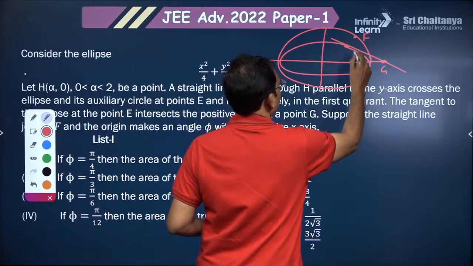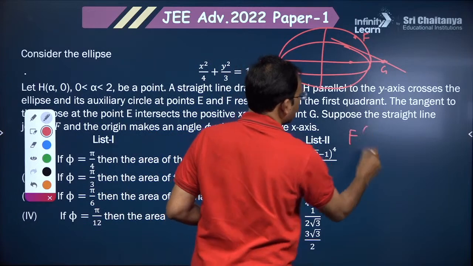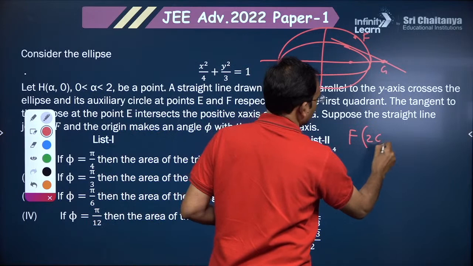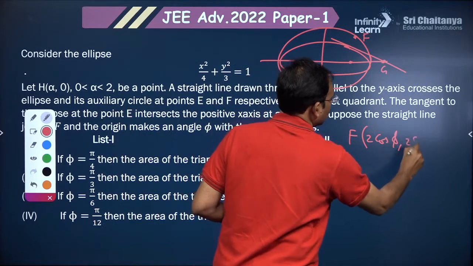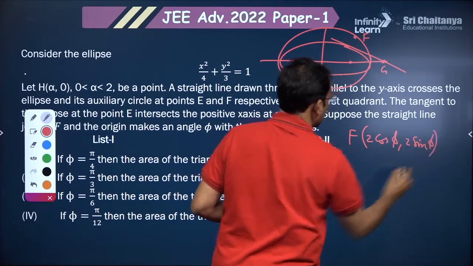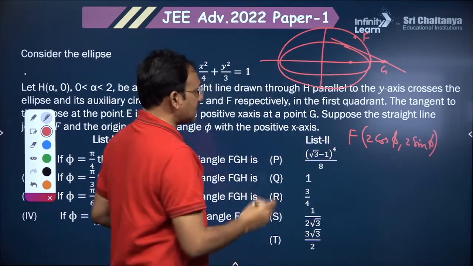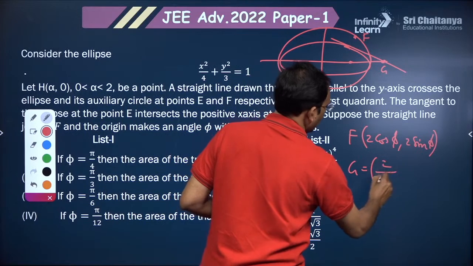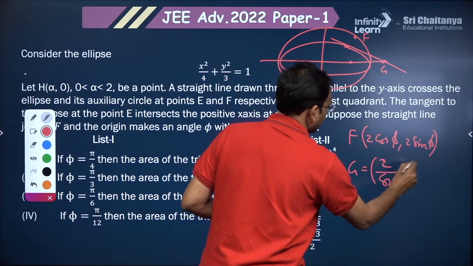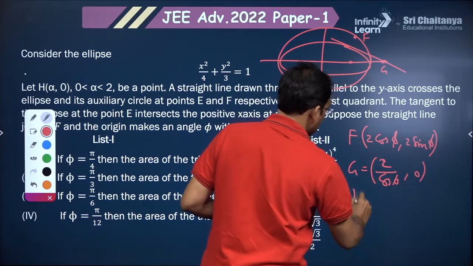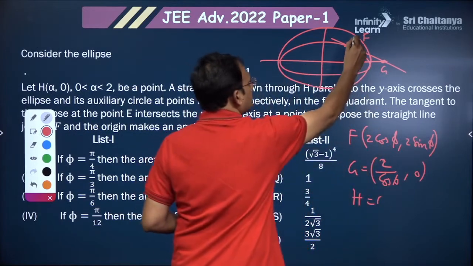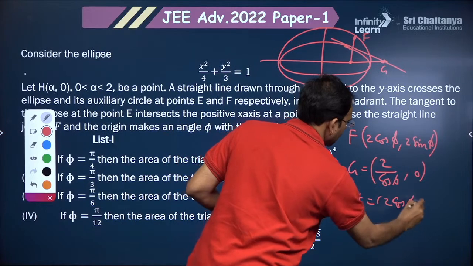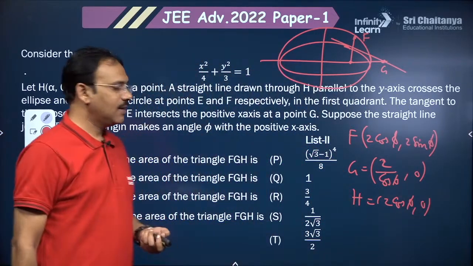Now, you know, my dear friends, F is going to be 2 cos phi comma 2 sin phi, and G is going to be 2 by cos phi comma 0, and H is going to be alpha, which is the x coordinate of this, which is 2 cos phi comma 0. This is the triangle, friends.